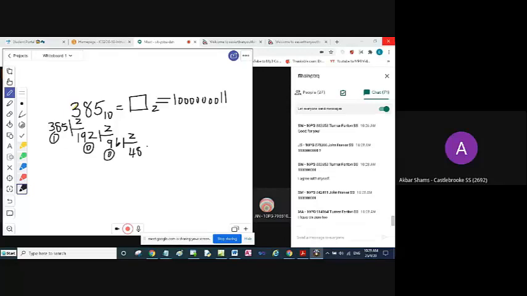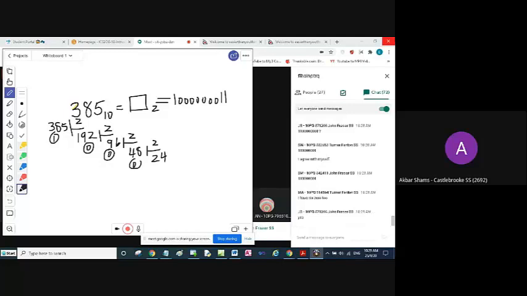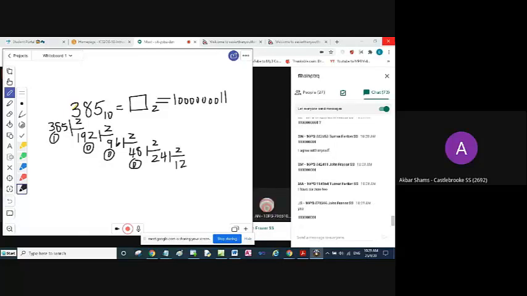Remainder 0. 48 divided by 2 is 24. Remainder is 0. 24 divided by 2 is 12. Remainder 0. 12 divided by 2 is 6. Remainder 0. 6 divided by 2 is 3. Remainder 0. 3 divided by 2 is 1. Remainder is 1, and since 1 is less than 2, we stop.